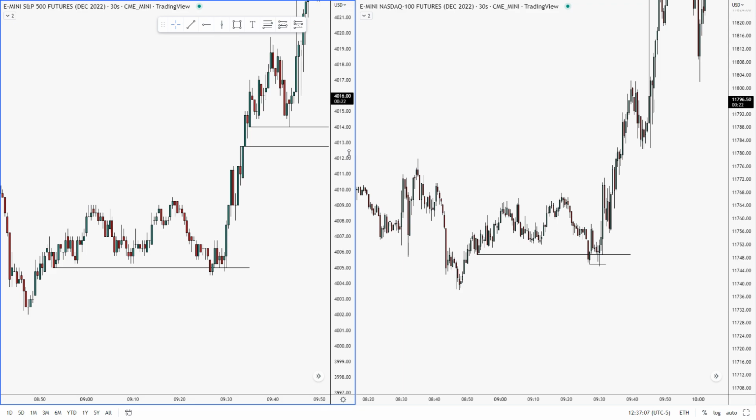So you can use GBP USD, Euro USD together. You can use Euro USD and the dollar. You can use GBP USD and the dollar. You can use ES and NQ together. And you can also incorporate the US 30, but I personally don't see a point in it.